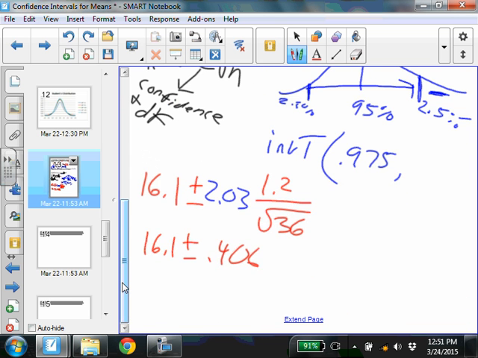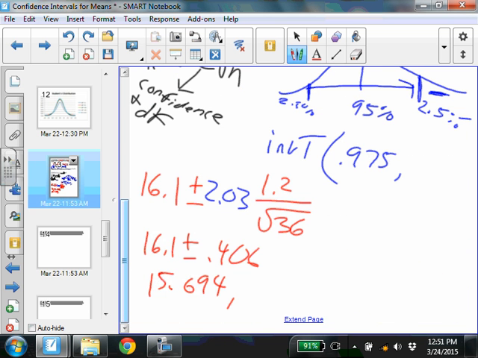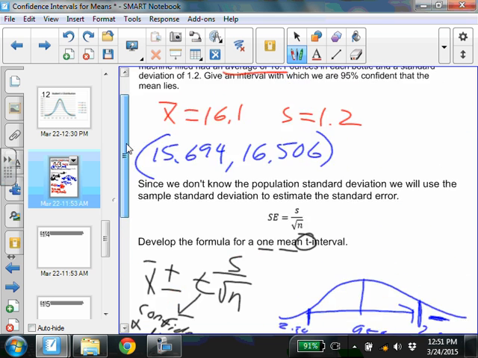And if we subtract it, we get 15.694. What do we have up here? 15.694. All right, and then all the way to, if we add it, we're going to get 16.506. Right? So you can come up with it either way.